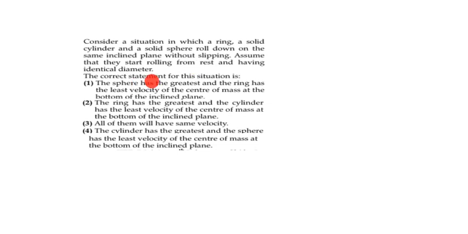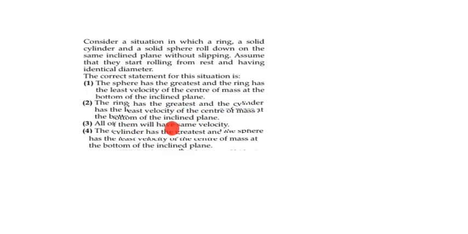The correct statement for this situation is: the sphere has the greatest and the ring has the least velocity of the center of mass at the bottom of the inclined plane. The ring has the greatest and the cylinder has the least velocity of the center of mass at the bottom. All of them will have the same velocity. The cylinder has the greatest and the sphere has the least velocity of the center of mass at the bottom of the inclined plane.